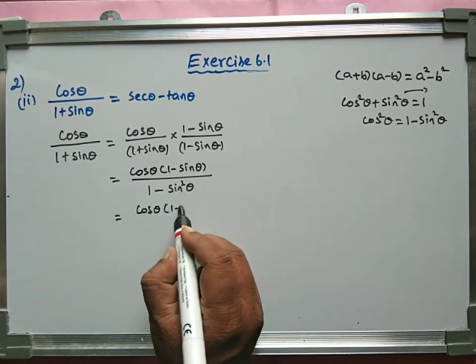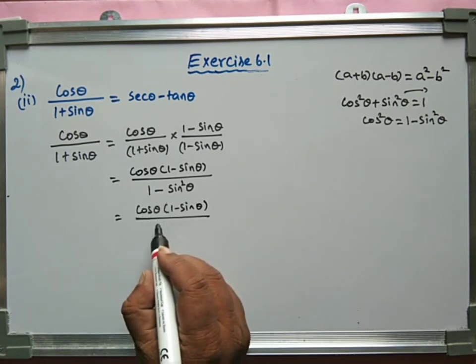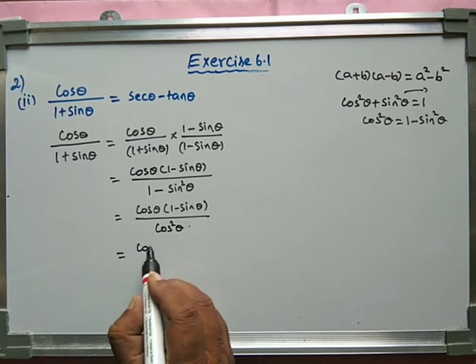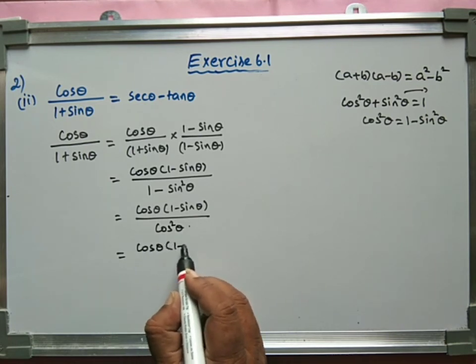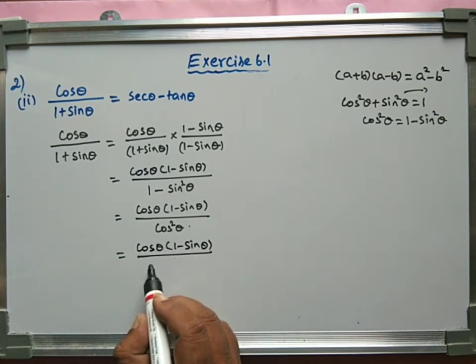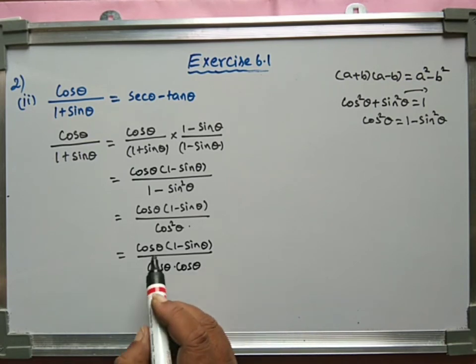Therefore here we can substitute 1 minus sin square theta as cos square theta. And now the next step will be cos theta into 1 minus sin theta by cos square theta, written as cos theta into cos theta.